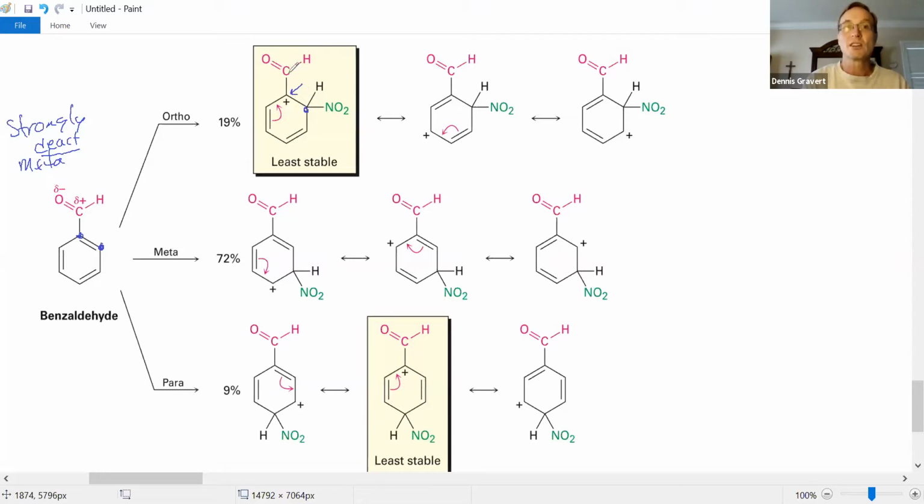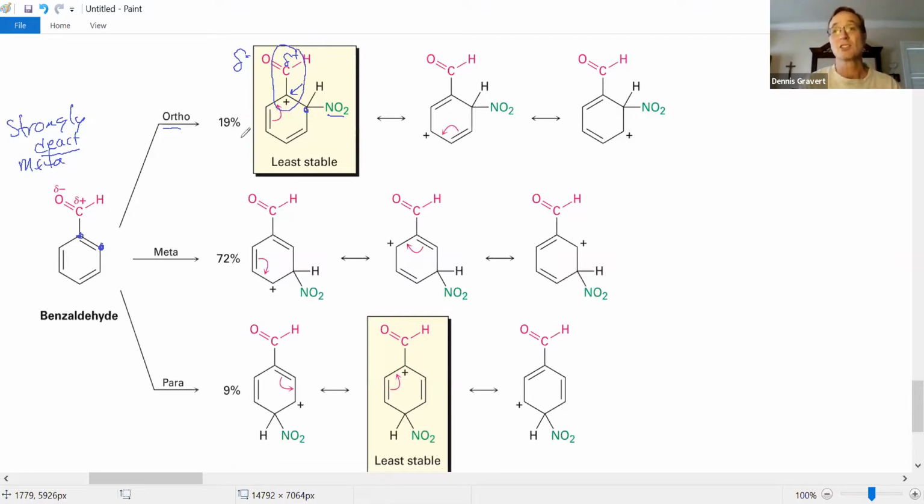And what's the charge on this carbon, the atom next to the plus charge? It's positive. Oxygen is slightly negative, more electronegative than the carbon, and this carbon bears a slight positive charge. And if the nitro group goes ortho to the aldehyde group, that'll create a positive charge on the atom next to a plus charge. You have adjacent positive charges.